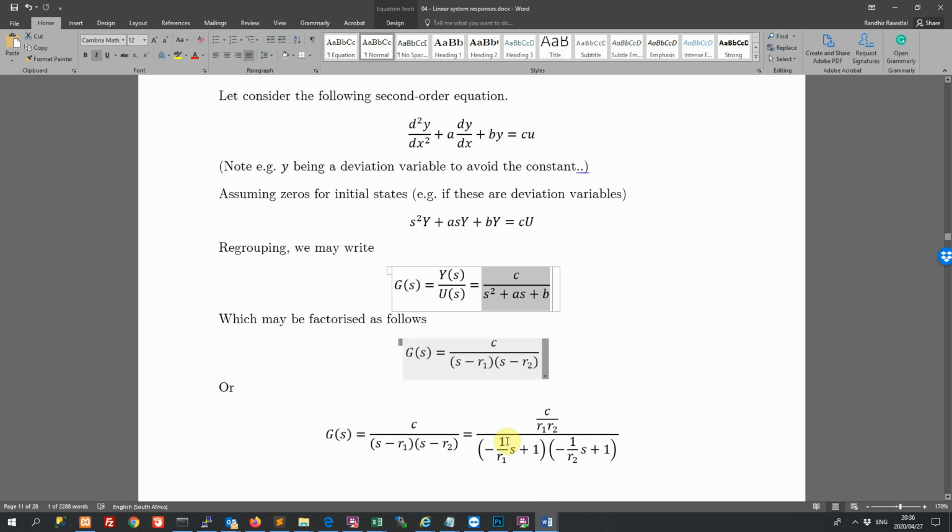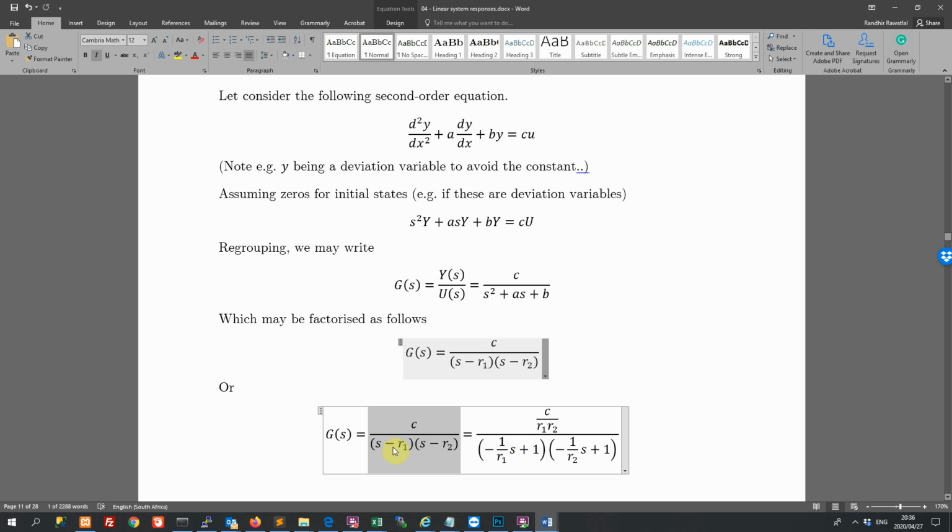And so we can then also recognize that if we divide top and bottom by r1, then this is going to be c over r1. And we can divide the r1 by this term specifically. And in fact, I see it's divided by minus r1. So minus r1, right, s divided by minus r1 here.